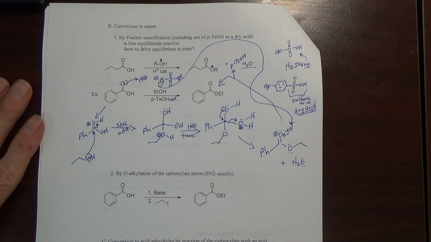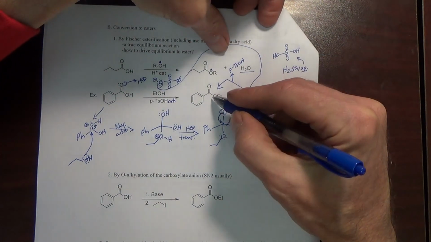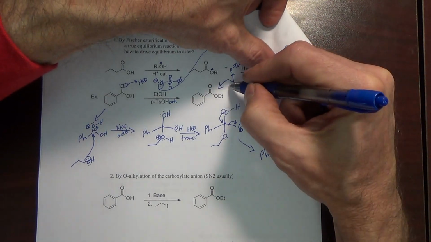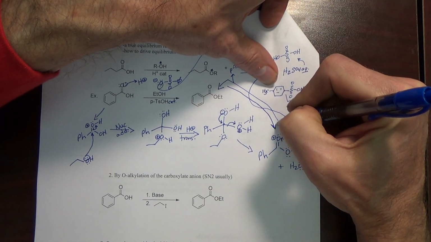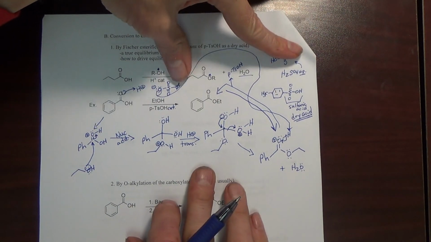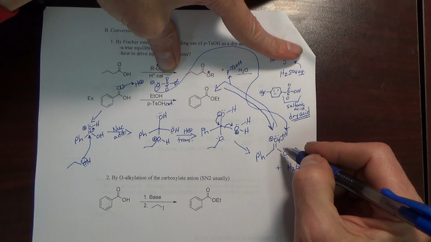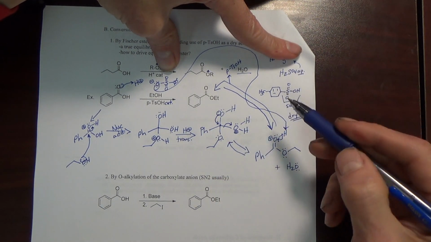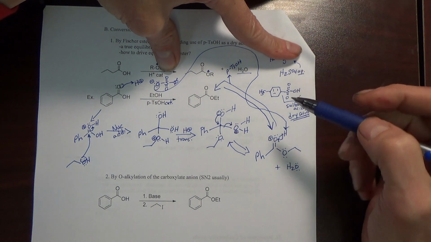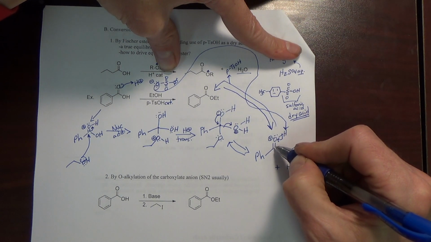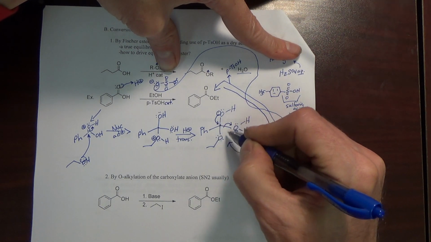Okay, every step here is reversible. That is, if you had this ester, couldn't you protonate it and get back to the protonated ester? And if you protonated the ester, couldn't water add here? A protonated ester, couldn't water add here and get to this tetrahedral intermediate?